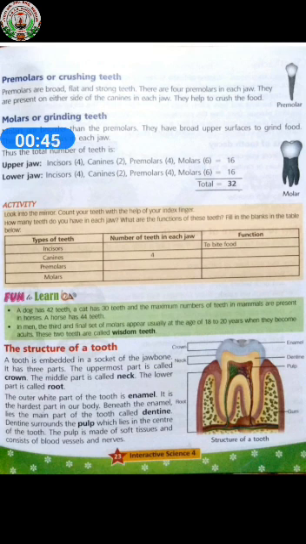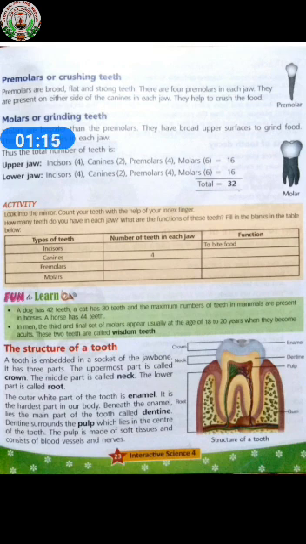Now, types of teeth. I told you yesterday the permanent teeth are of four types. They are incisors or cutting teeth, canines or tearing teeth, premolars or crushing teeth, molars or grinding teeth. Incisors: the number of teeth in both jaws is 8 and the function is to bite food.